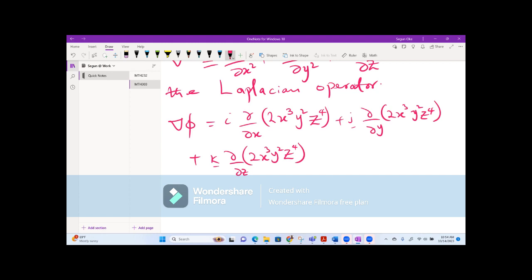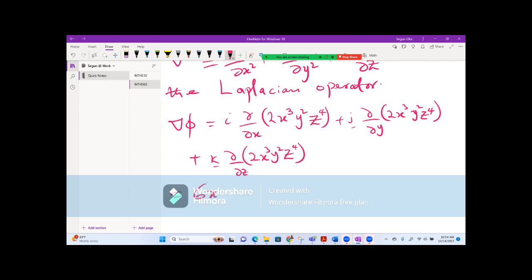So let's solve this one. Can you differentiate it on your own? Let's see what you get. Remember, the first one you differentiate with respect to x. Let's do it together because of our time.